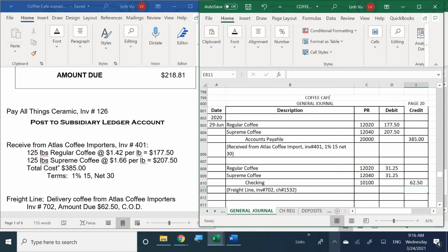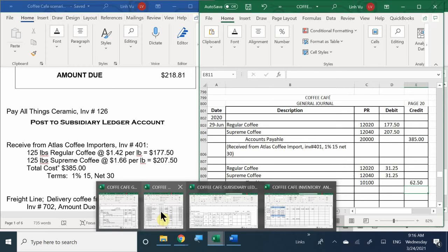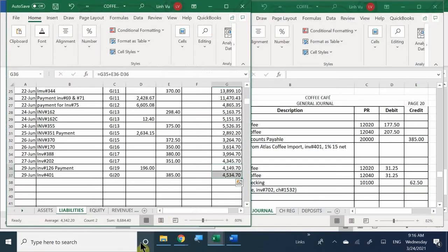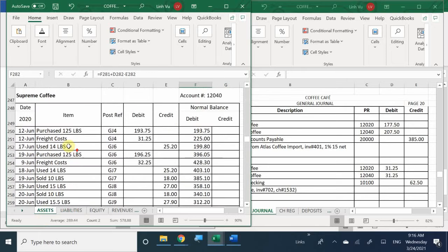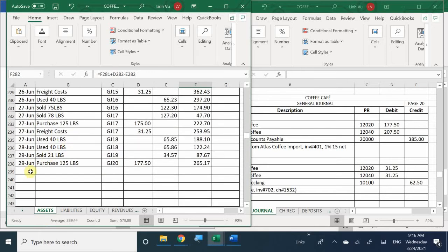Okay. So now I need to update my ledger. So I need to go to my assets, to my Supreme and my regular coffee. So here on the 29, I have freight costs, right?